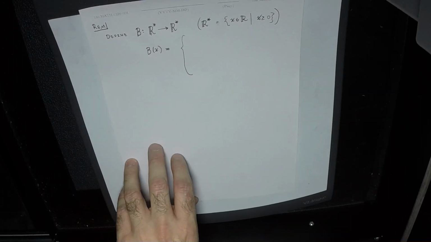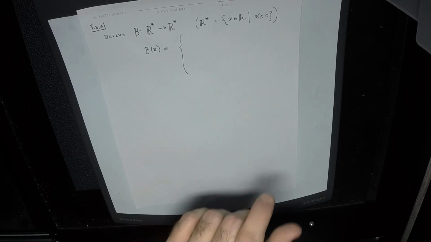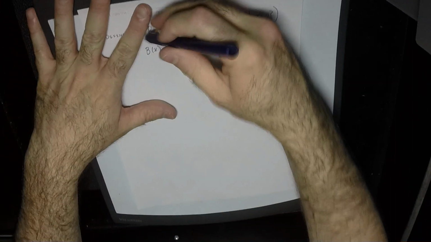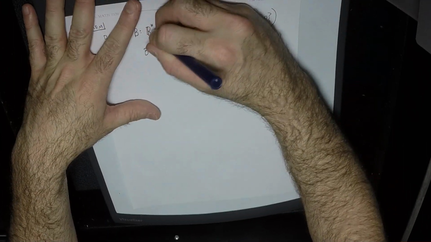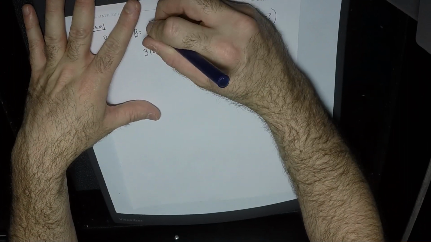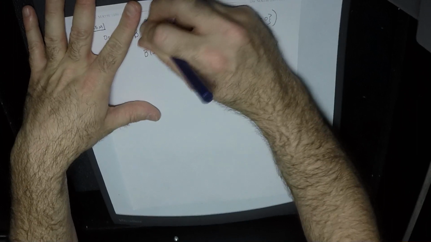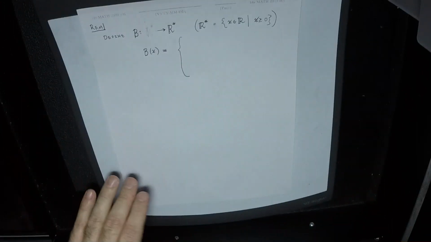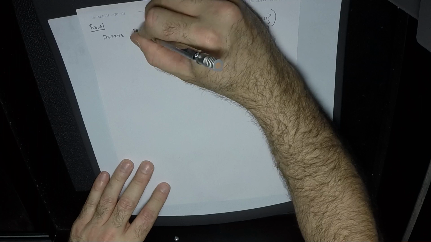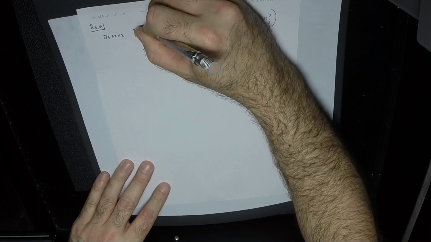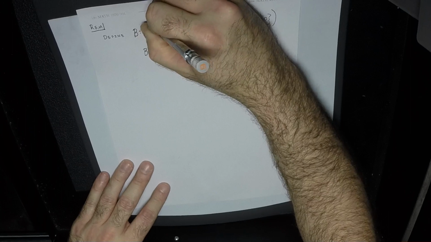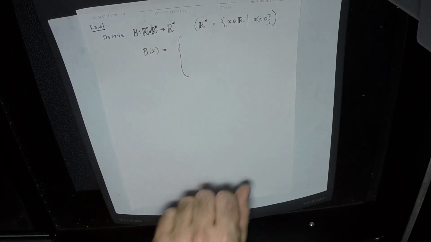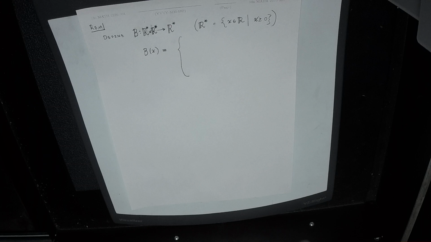Sorry, the input actually needs to be r star cross r star. It's two of them. Because one of them is the thing you're trying to compute the square root of, and the other one is your current guess.